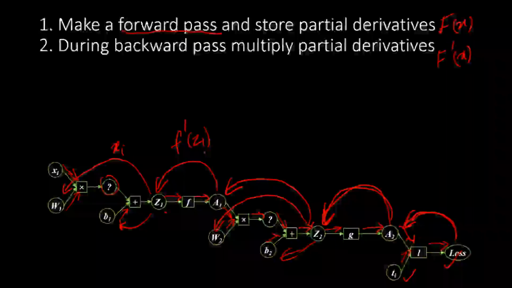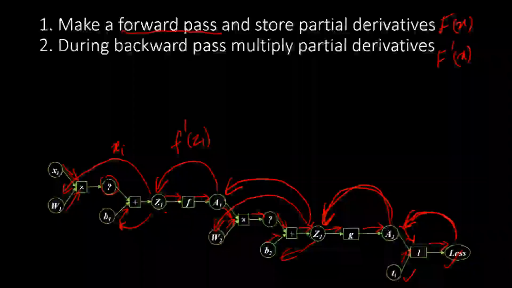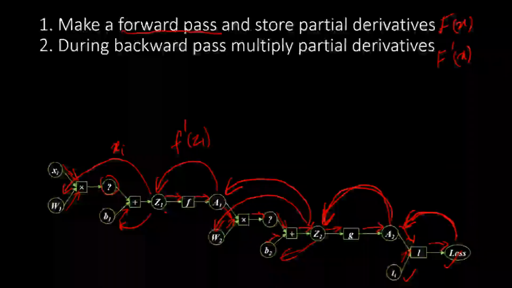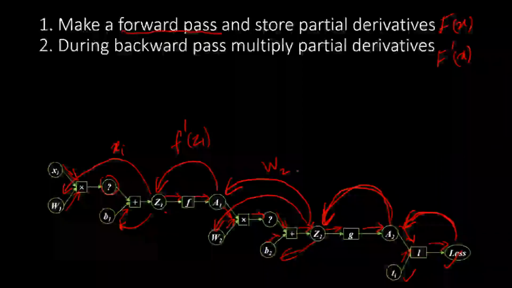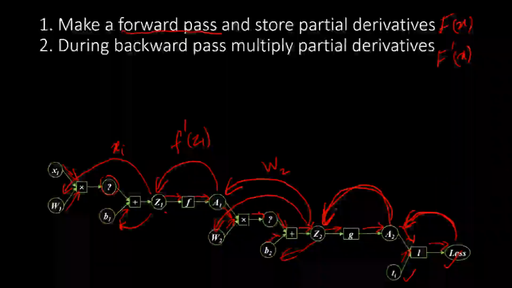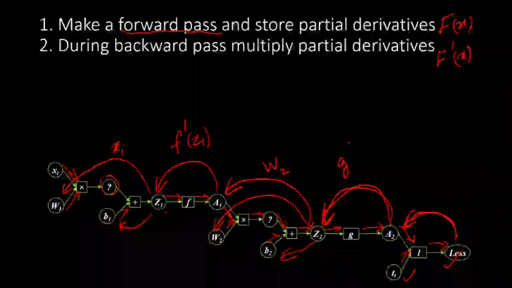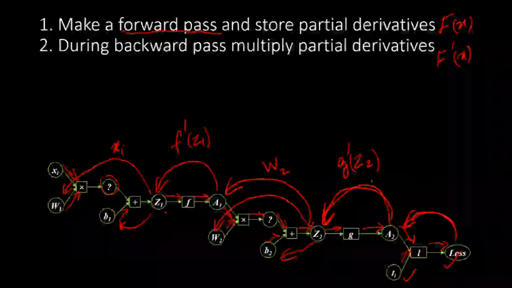Okay, what is the partial derivative of z2 with respect to a1? That is going to be this w2. Okay, and what is the partial derivative of a2 with respect to z2? That is going to be g dash at the value z2. Okay, and what is the partial derivative of loss with respect to a2?